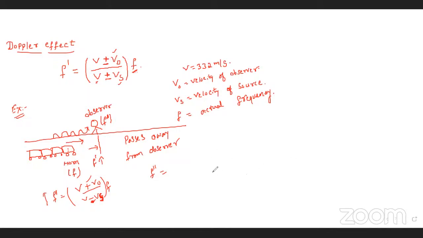So if the apparent frequency is decreasing, the numerator should be minus and the denominator should be plus. So V minus V naught by V plus Vs into F.